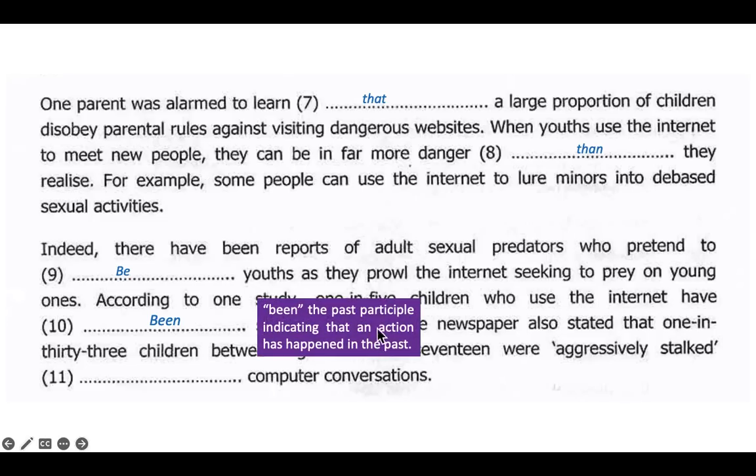So here we have the word have. Basically it's more like they are exposed to, or maybe they have been subjected to. Have been solicited for sex. So this one is showing the submission. So we can say been. Been is a past participle indicating that the action has happened in the past. So we can see that this one was done in the past.